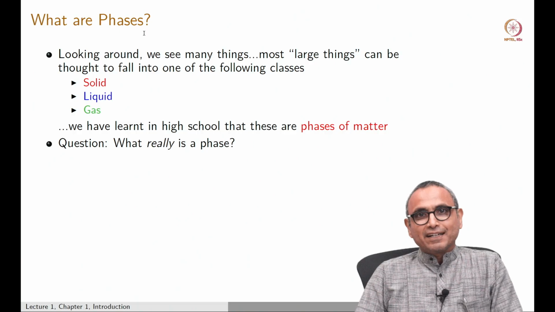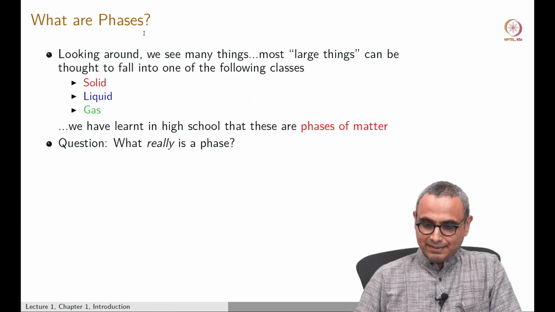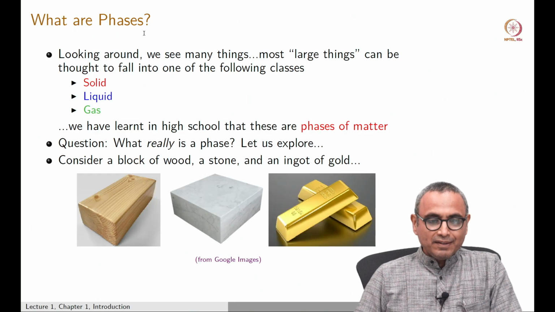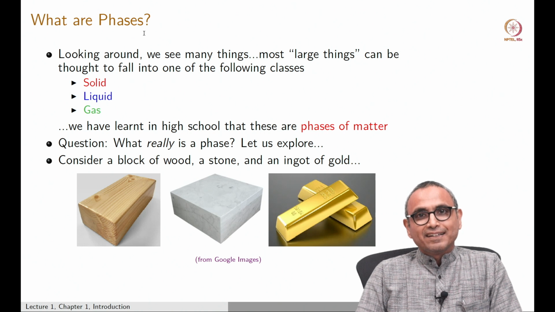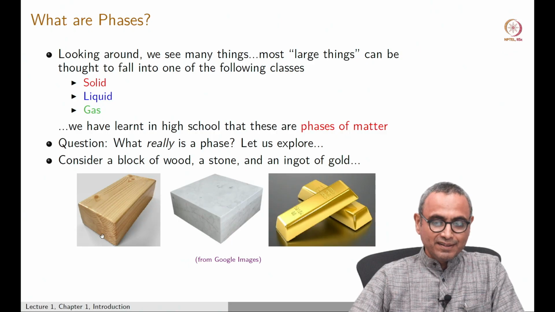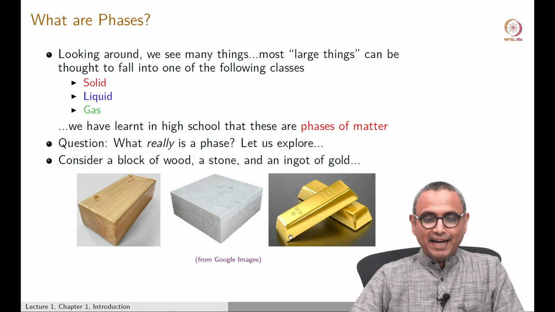But then if you think a little deeper about this, you have to ask, what really is a phase? How can we make that concept clear and mathematically well defined? So let's explore. So let's take three things: a block of wood, a piece of stone or a block of stone, and let's take a gold bar.